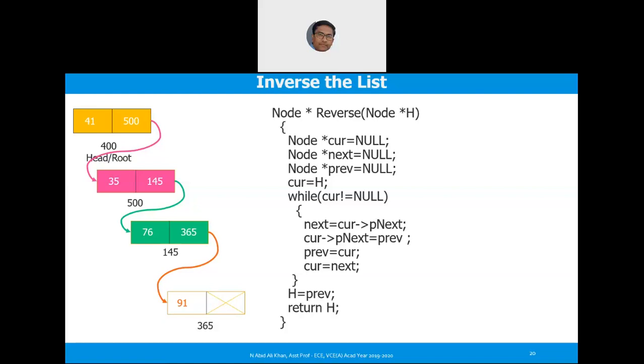Then you traverse starting from current = head until current is not equal to null. Then next = current arrow next. Current arrow next must be equal to previous. Previous has to be current and current has to be next.